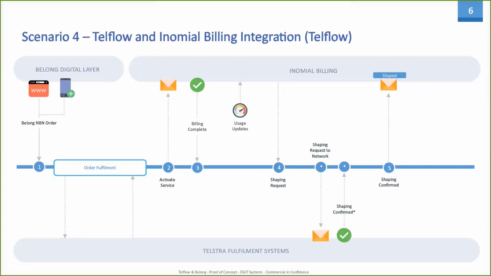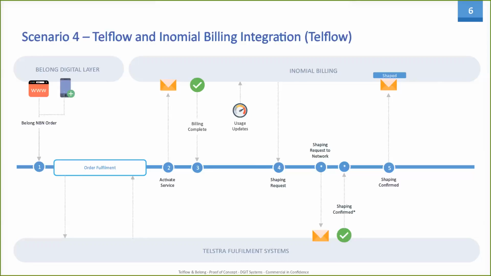What's new is this usage meter. Depending on whether a subscriber has breached a policy through excessive usage or non-payment of a bill or for whatever reason, Inomial will send a shaping request down to Telflow.